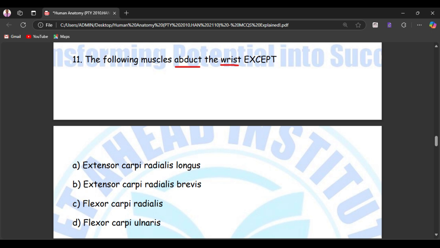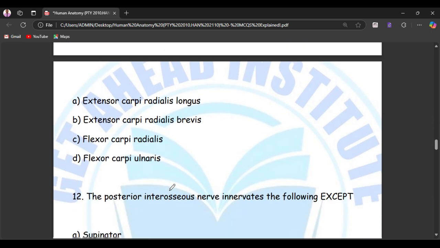So among all those options, our answer on question number 11 is D, because the flexor carpi ulnaris does not abduct the wrist. Instead, it adducts the wrist.